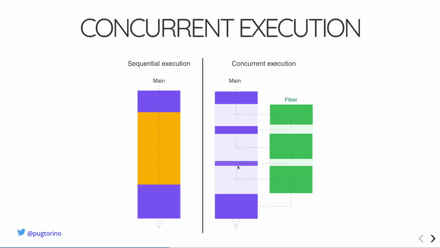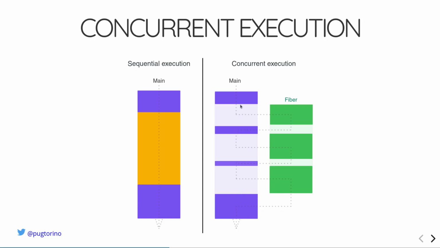And if you want to come back to the fiber, you have to resume from the main to the fiber, and the fiber at the end, in this case, will terminate the execution, so PHP can terminate the execution of the PHP code.